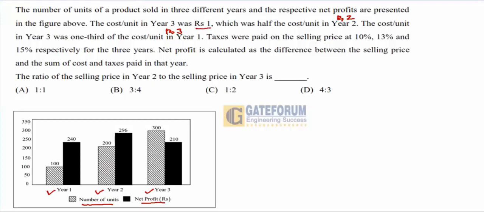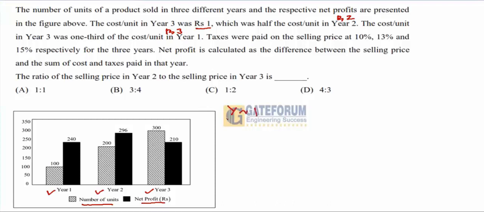The taxes were collected at the rate of 10%, 13%, and 15% for the 3 years. Net profit is calculated as the difference between the selling price and the sum of the cost as well as the taxes paid in that year. So whenever you face this sort of data interpretation problem, make a chart.